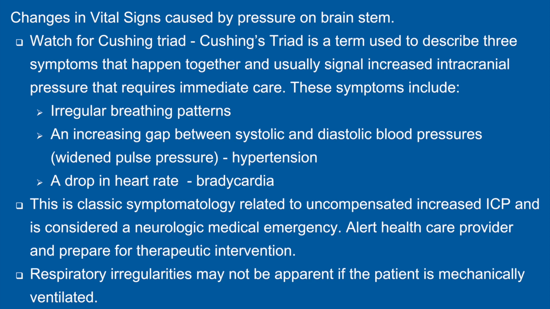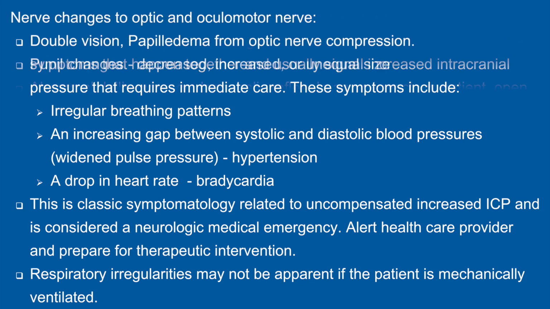This is a classic symptomatology related to uncompensated increased ICP and is considered a neurologic medical emergency. Alert healthcare provider and prepare for therapeutic intervention. Respiratory irregularities may not be apparent if the patient is mechanically ventilated.